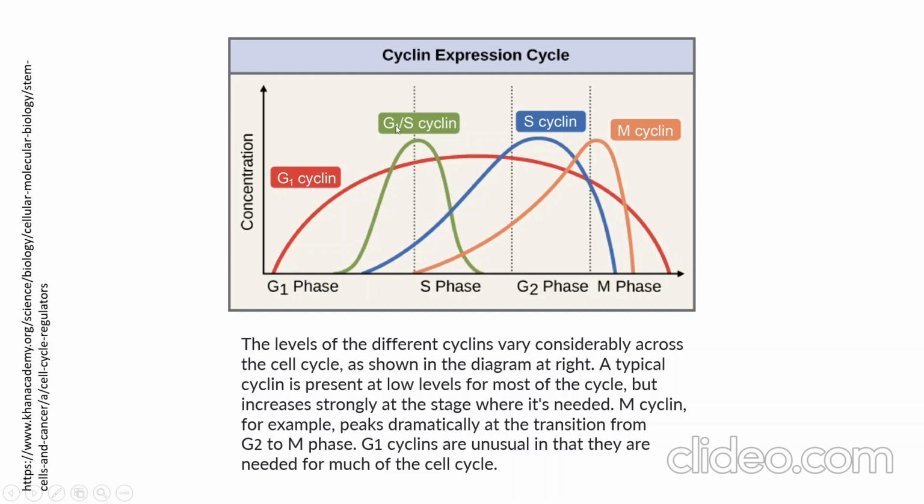So at that point, the G1/S cyclin is going to increase, and you're going to have a peak. Similarly, for the M cyclin to enter into the mitotic phase, you need a higher amount of M cyclin, so that level is going to increase. Interestingly enough, G1 cyclins are unusual in that way because they seem to be needed in one way or another for pretty much the entire cell cycle. So their distribution is much different from the other ones.